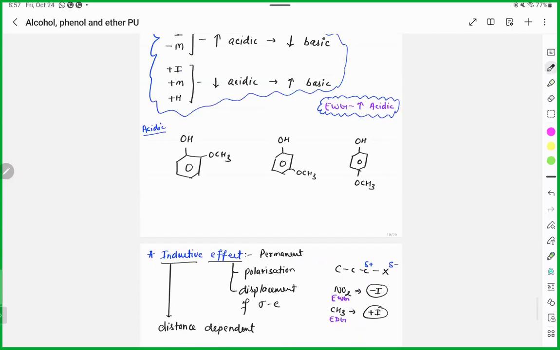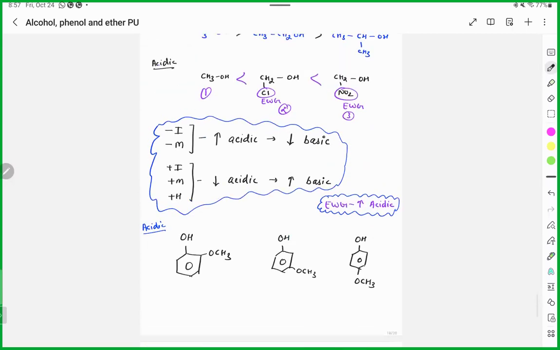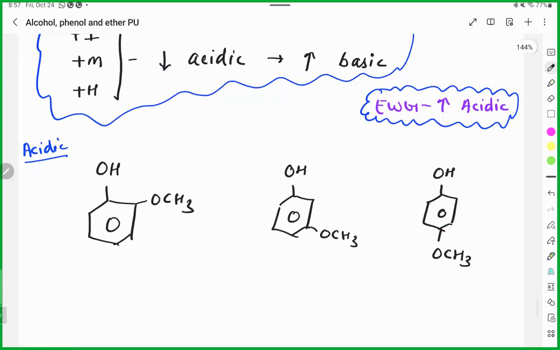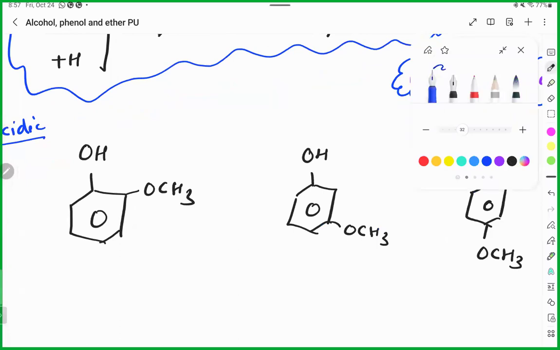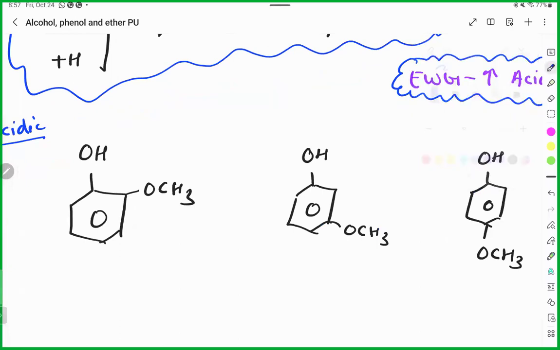So based on this, tell me again what is the acidic character in this case. So meta is highest, second is ortho, third is para. Meta is highest.